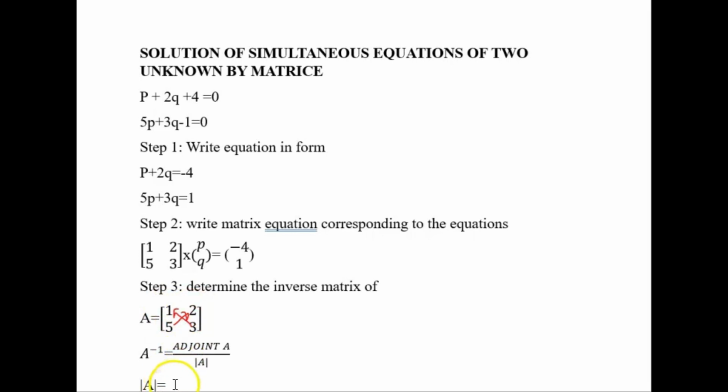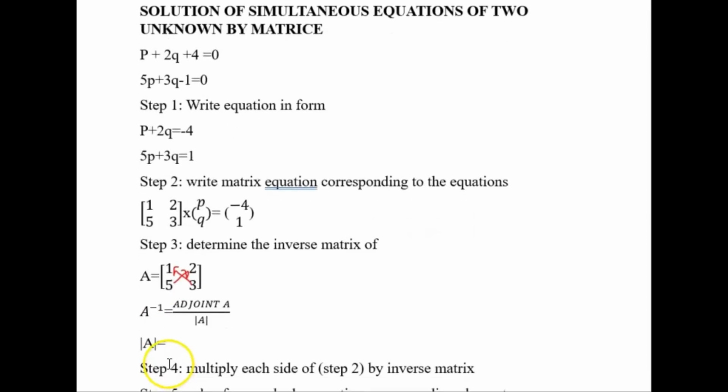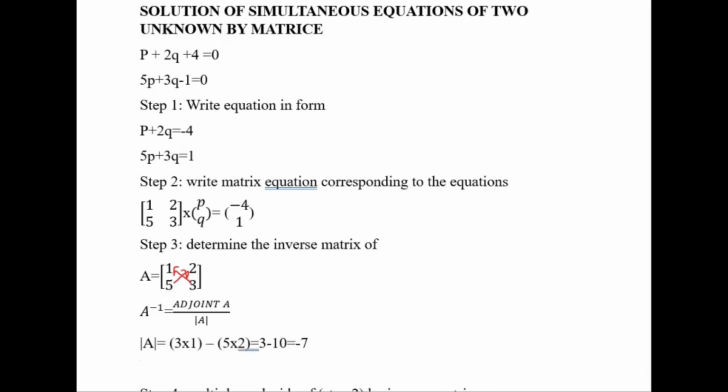So it will be 3 times 1 minus 5 times 2, which is equal to 3 minus 10, which is equal to minus 7. So we have the determinant.